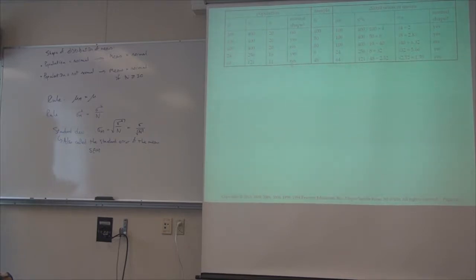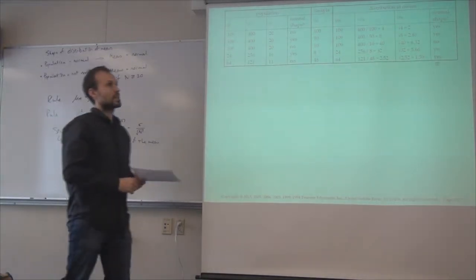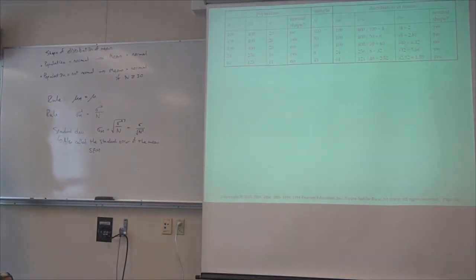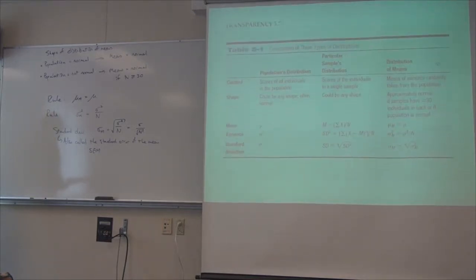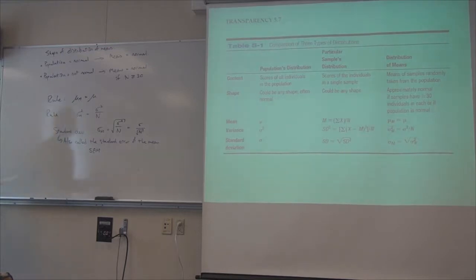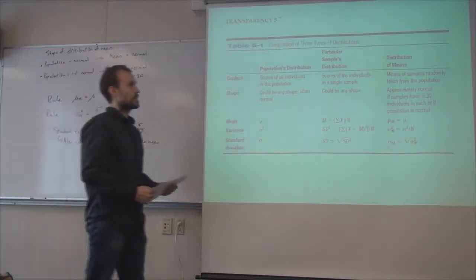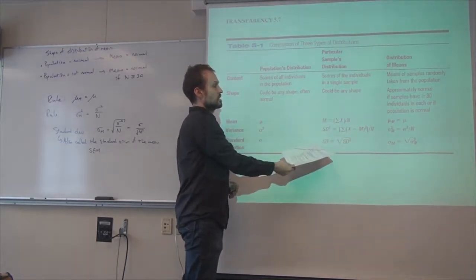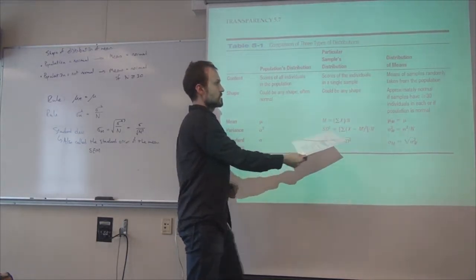If I have a population that's not normal, it comes from something else. If my sample size is big enough, the distribution of means will have a normal shape. Any questions on that? This just summarizes that again. So I have to remember how I calculate the sample values.